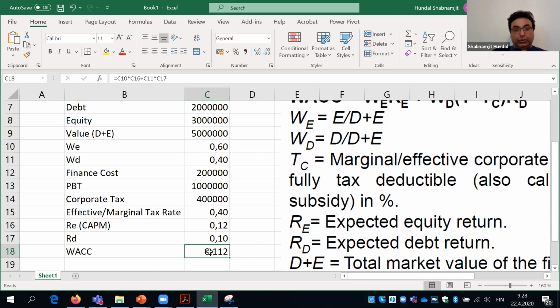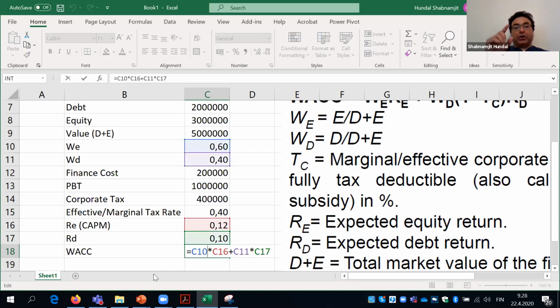This is a wrong formula because, if you remember, in this topic we have discussed many times, and I think in this course hundreds of times, that debt is tax deducted.